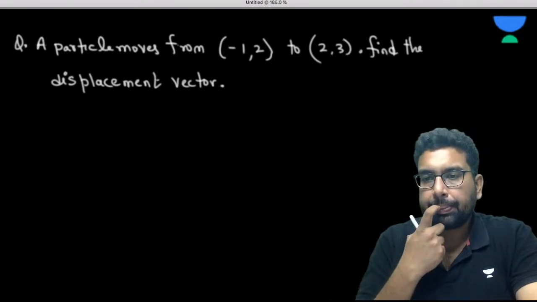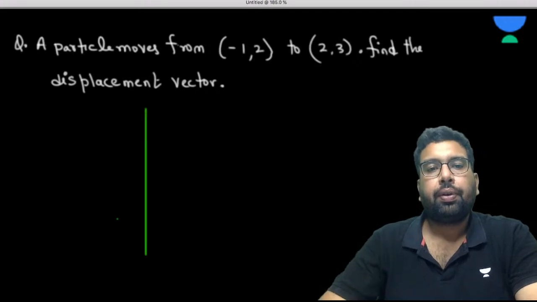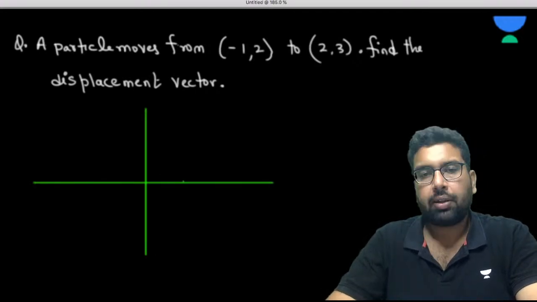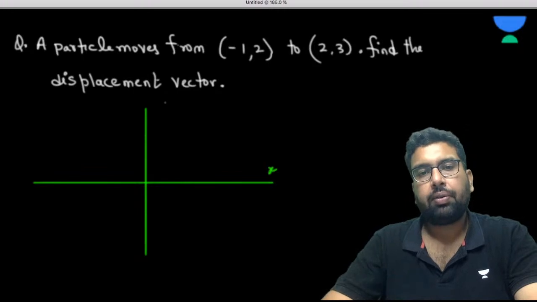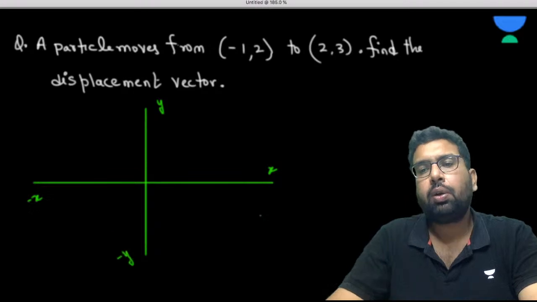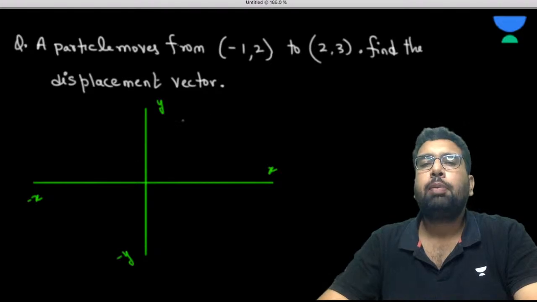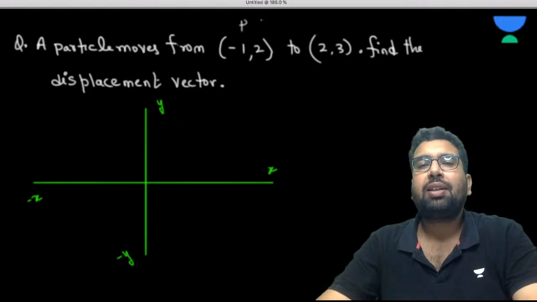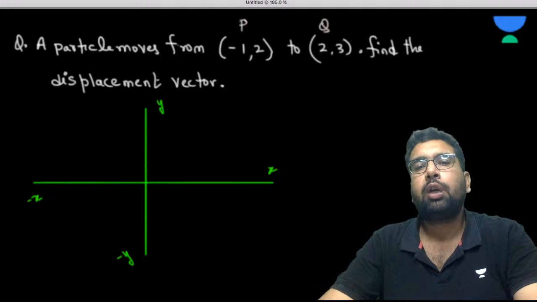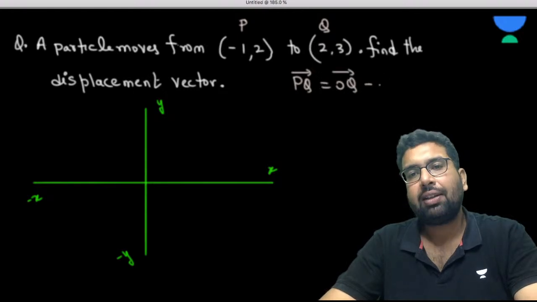Any answer? So let us say we are having the displacement here. Although it is not very necessary to draw the figure in these kinds of cases, because you can simply do this. Let's suppose this point is P, this point is Q. So displacement vector PQ is OQ vector minus OP vector, without giving any stress to your brain.